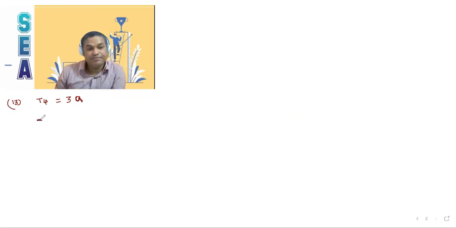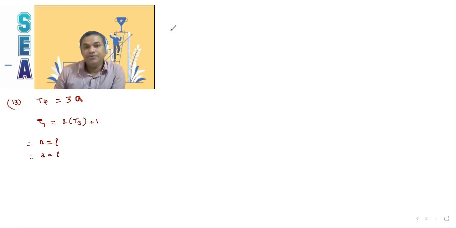So the 7th term is such a term that exceeds twice the third term by 1. This is the information they have given. They are asking us what a is equal to and the common difference d is equal to question mark.